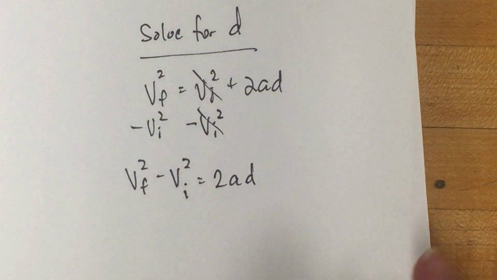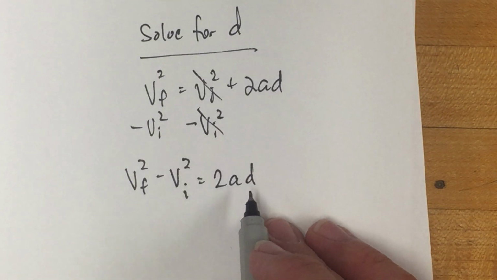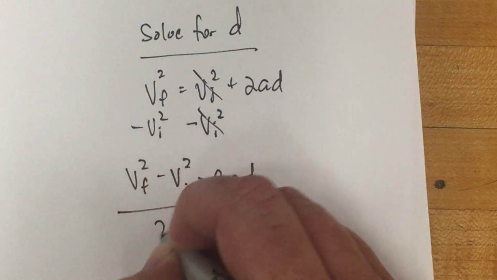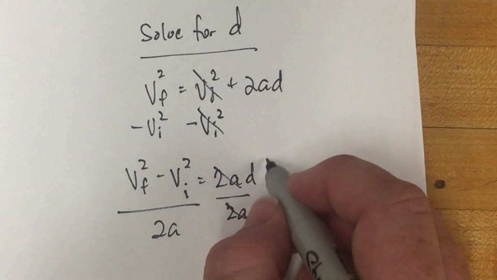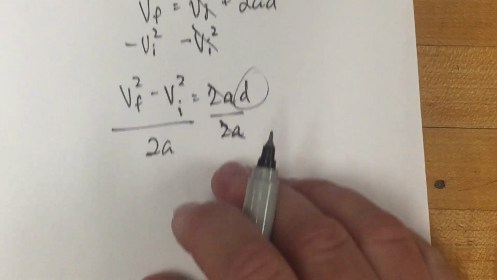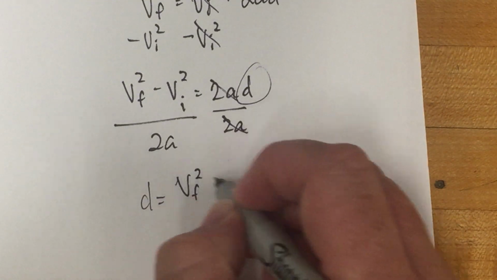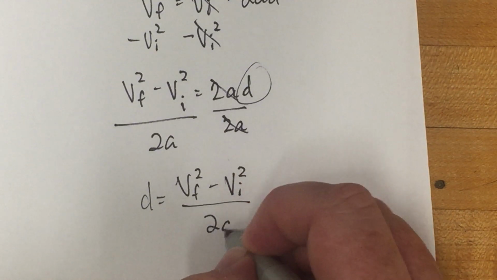And the last one I was solving for a, so I divided by 2d. This time I'm solving for d, so I divide by 2a. Cancel both of those out, and this time I've got d by itself, so my final one is d equals Vf squared minus Vi squared divided by 2a.